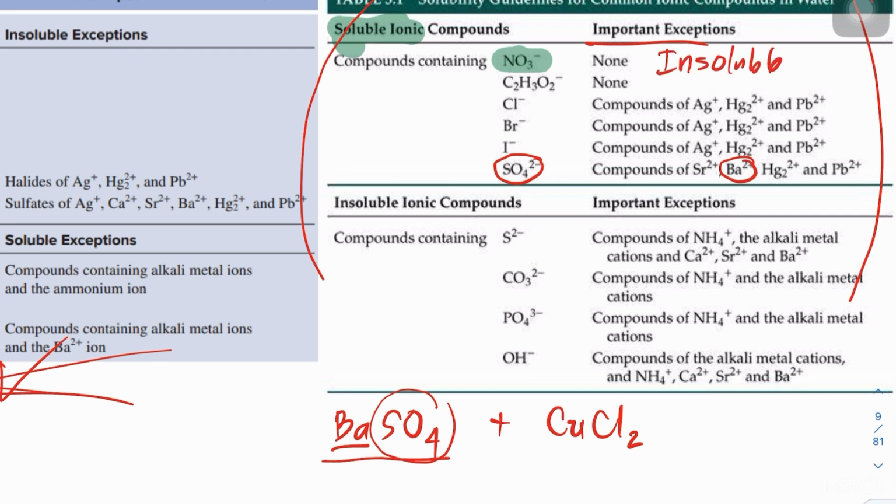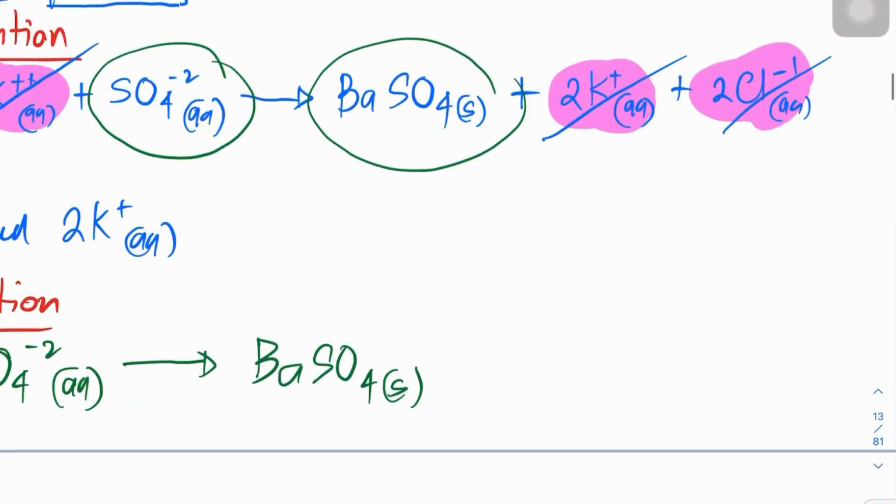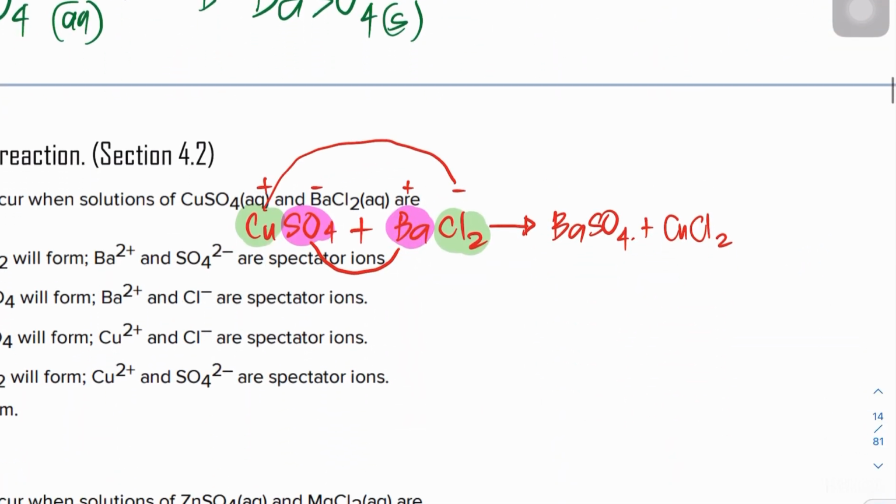So meaning, BaSO4 is insoluble. Therefore, this is solid. Now, how about Cl? Cl with Ag, Hg are insoluble, but Cu is only a metal here, so that is soluble. Therefore, that is aqueous. Okay, so going back to our problem, BaSO4 is solid, and CuCl2 is soluble, that is aqueous.